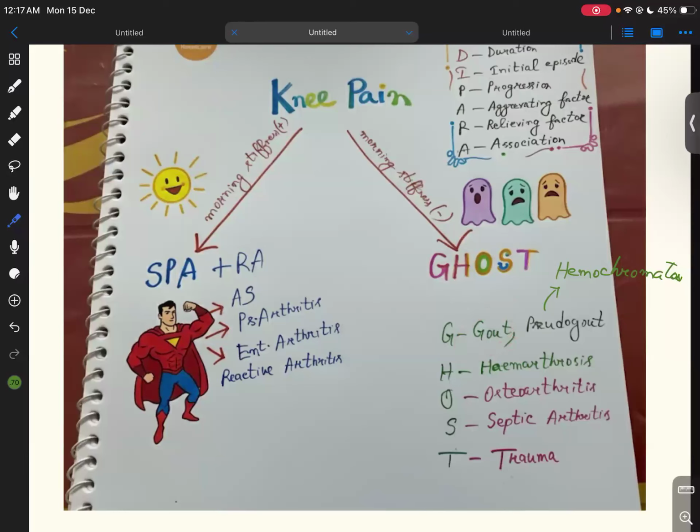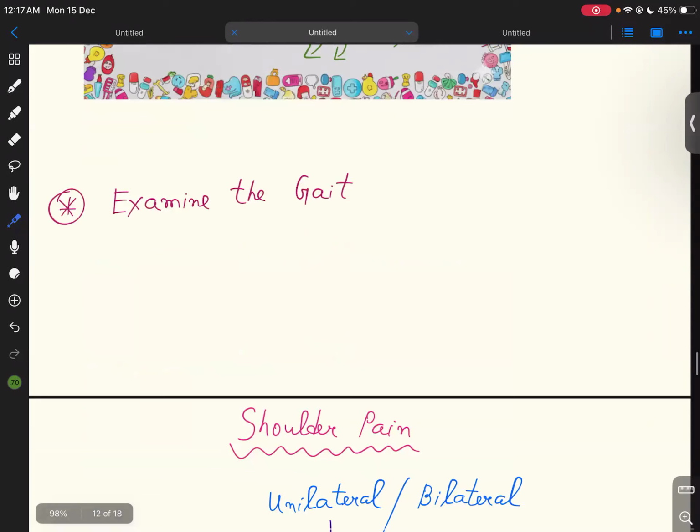So you can mention any differential diagnosis, even from the mnemonic, but also mention what goes against each differential diagnosis. Right. So, Doctor, is it clear to you? Yes. Okay. And also, never forget to examine the gait.